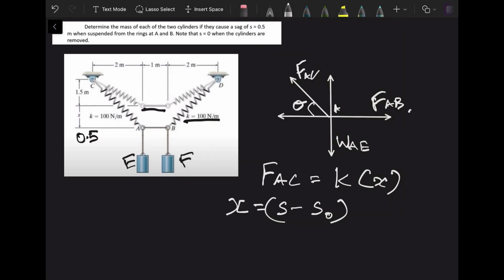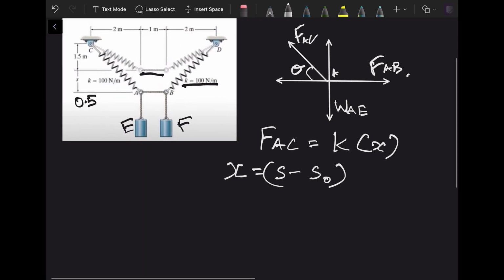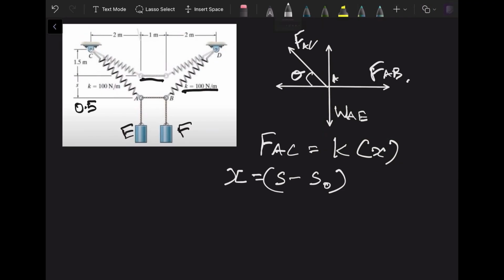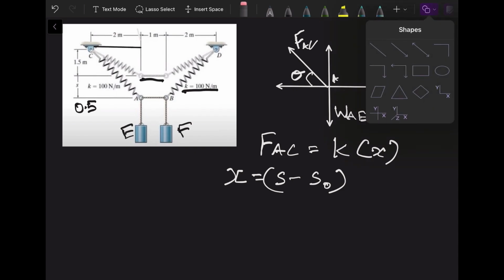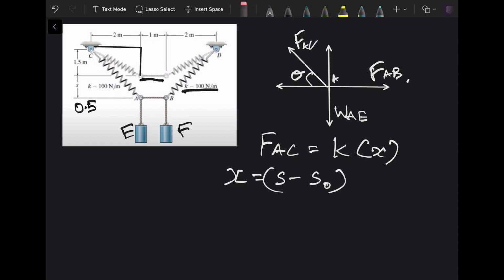So first, how do you find s and s naught? We first consider the triangle. Let's take a triangle at this point, from here to here, and from here to here. Let's name this point A, this is C, and let's name this point A dash.